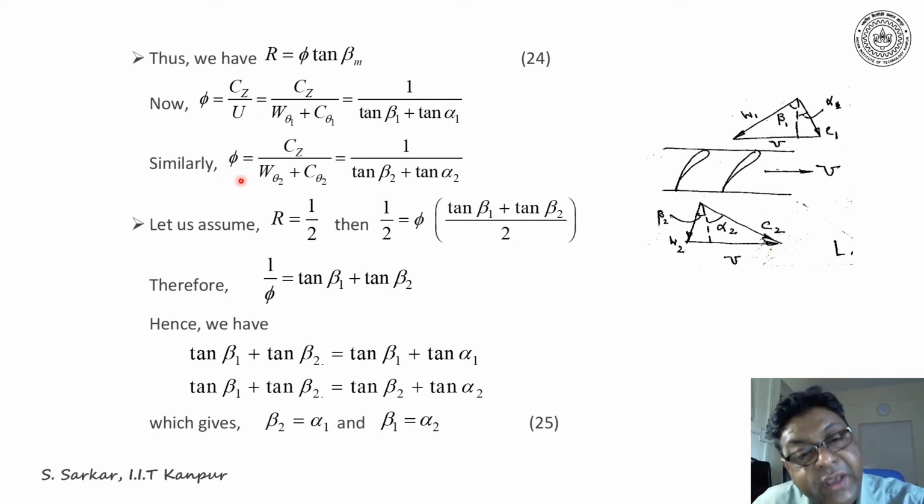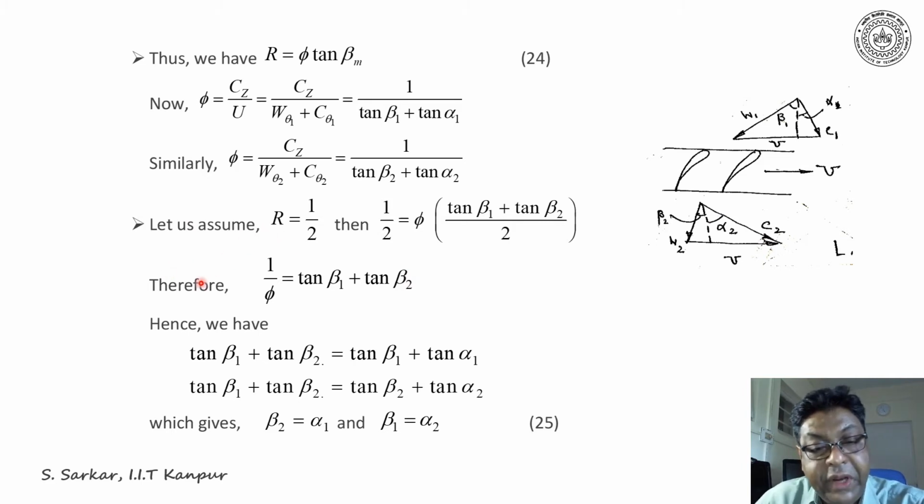Similarly, I can write phi is equal to Cz divided by (W theta 2 plus C theta 2), which can be equal to 1 divided by (tan beta 2 plus tan alpha 2). Again, using the relations for degree of reaction, equation 24, and assuming R is equal to half, we have half is equal to phi into, within the bracket, (tan beta 1 plus tan beta 2) divided by 2.